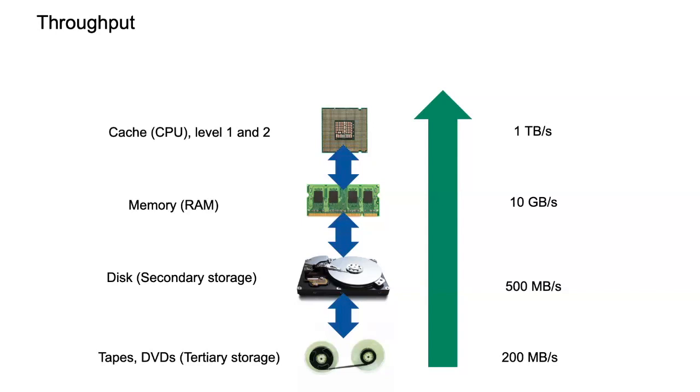Of course, in the cache, the lengths of time considered are much shorter. Then the memory, 10 gigabytes per second, the disk, 500 megabytes per second. For HDDs, for SSDs can be a bit better. It's only an order of magnitude, right? In practice, it's going to be less. And then the tapes, even less, 200 megabytes per second, maybe.